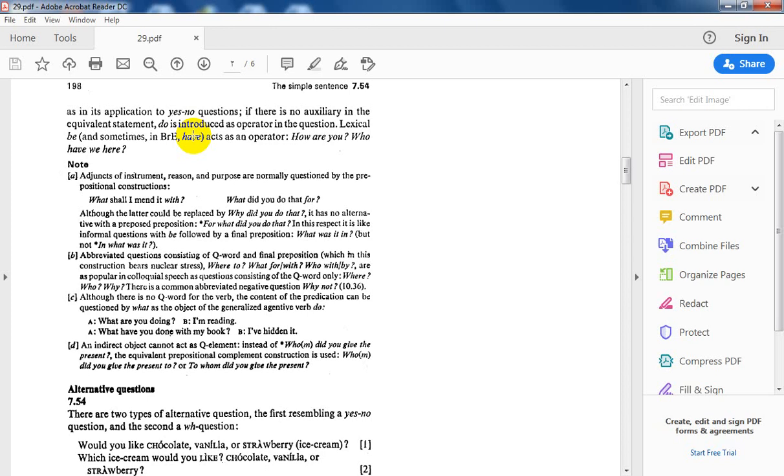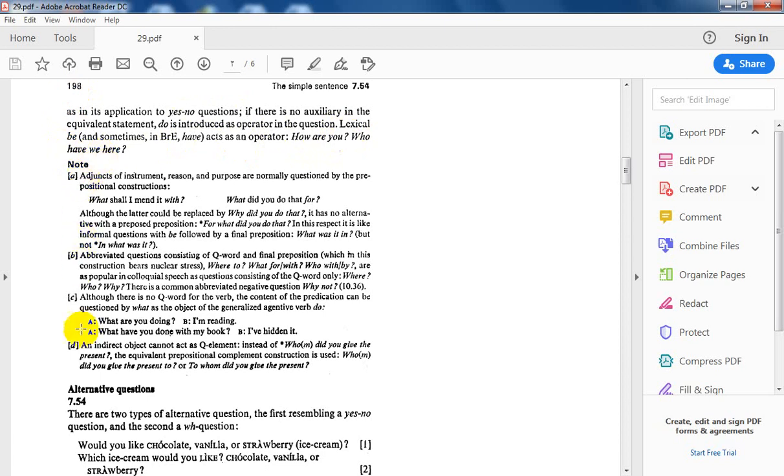Have may be a main verb or an auxiliary, depending on whether it is British usage.